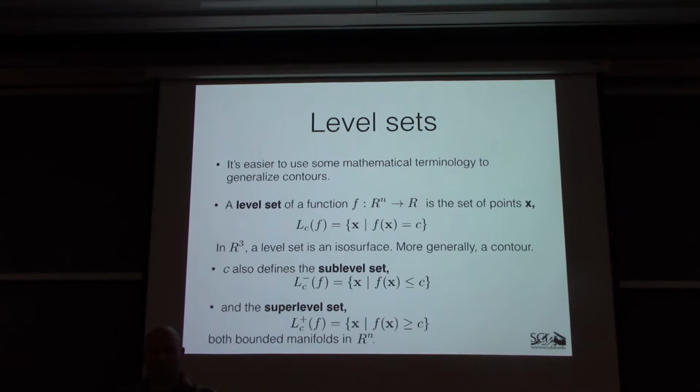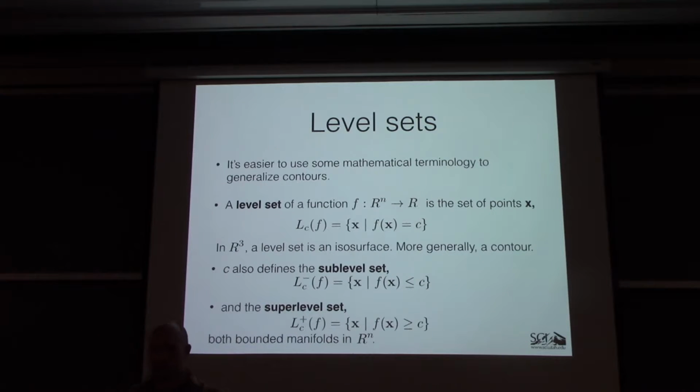Okay, great. So this will be a slightly more hand-wavy definition of level sets than you might hear in a more theory-oriented class, but generally a level set is a generalization of an isosurface. So given a function f from some higher dimensional real number space to a lower dimension, so really just R1, the level set is the set of points x such that f of x equals c for some value c.